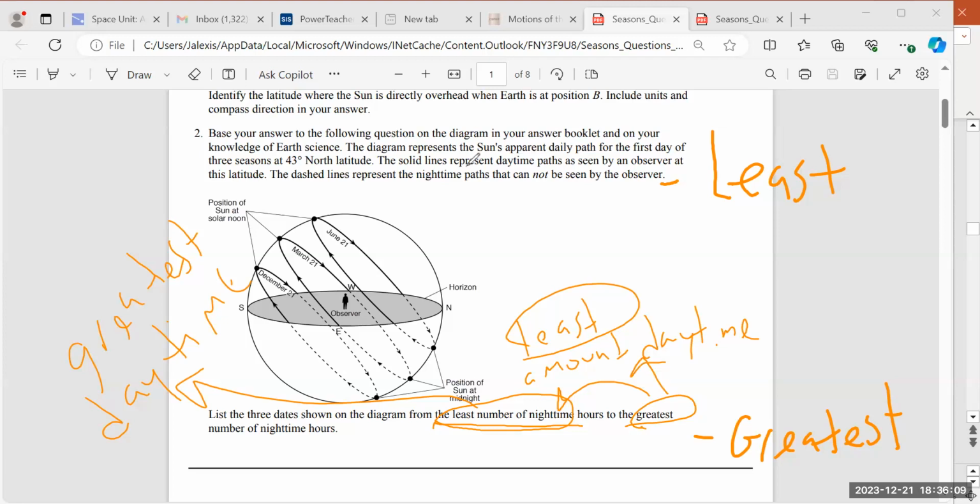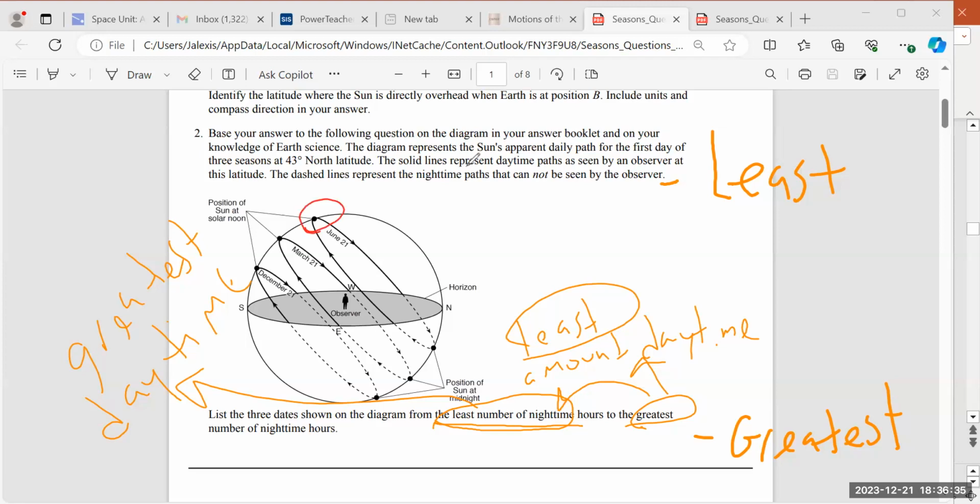Okay. So the rule is that the higher the sun's path is, the more daytime hours we're going to get. So which one is going to give me the smallest amount of nighttime hours is going to be the one that gives me the greatest amount of daytime hours.